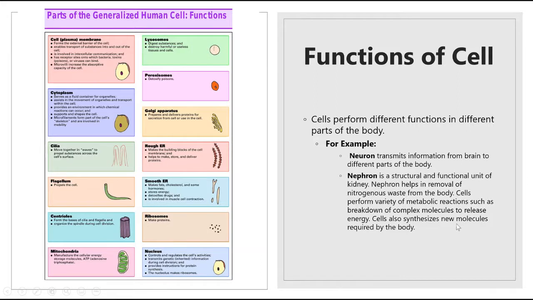And the cell also synthesizes new molecules required by the body. This is just a small note that may help you to understand the different organelles within a human cell especially, not a prokaryotic cell or a plant cell. So here you can understand the small functions. This is just a note that you can note down.